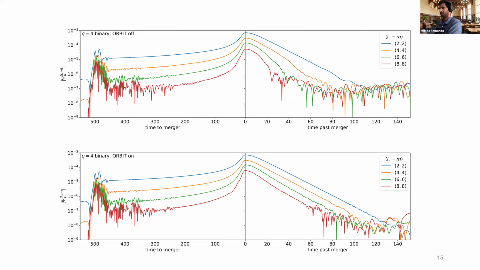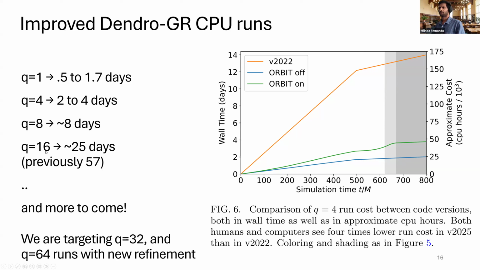But overall, when we go to large mass ratios, it has a significant effect. Especially for Q = 16, it took roughly 57 days to complete the simulation, but this refinement criteria has reduced it to 25 days.